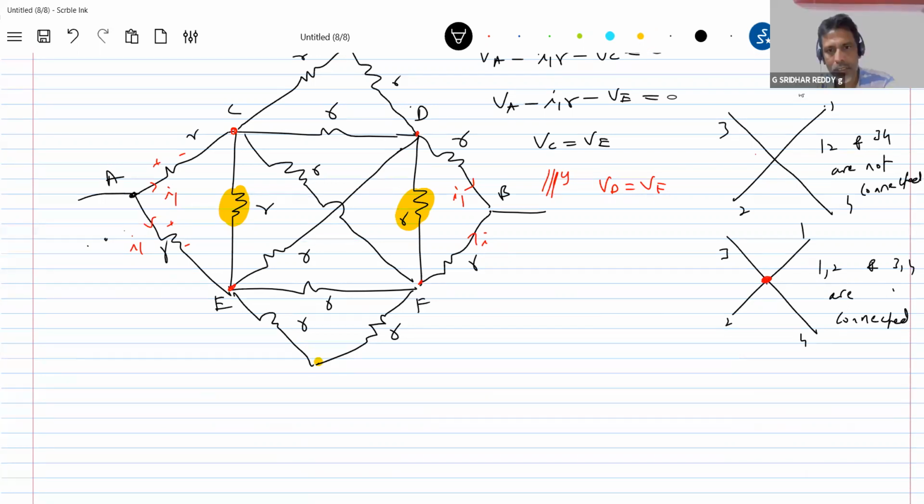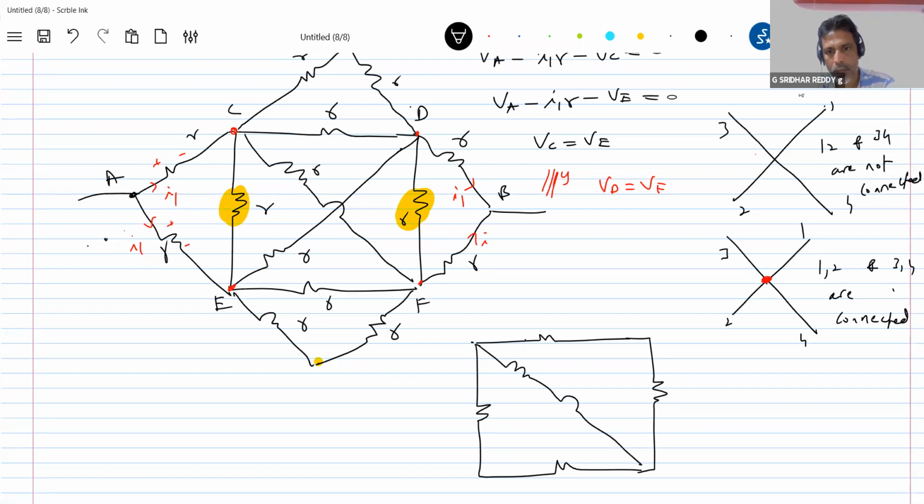Then the total circuit will appear for us like this. This everything will become 2R by 3.